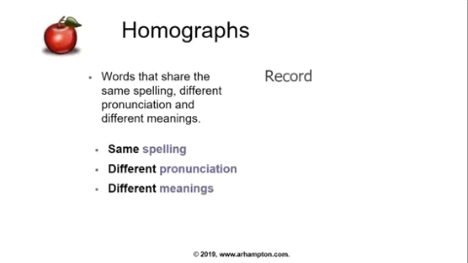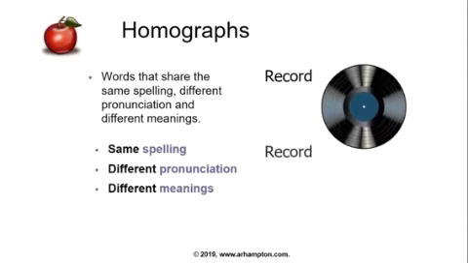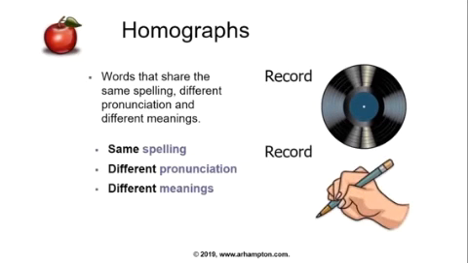Okay, so here's the addition to the 2019 lecture on homonyms and homophones, which are homographs. Homographs are words that share the same spelling, different pronunciation, and different meanings. Again, homographs, same spelling, different pronunciation, different meanings.